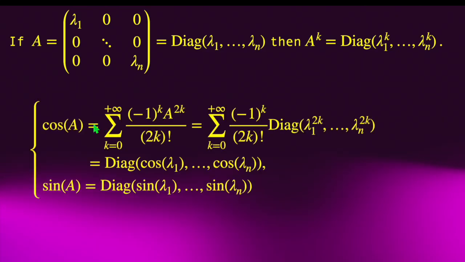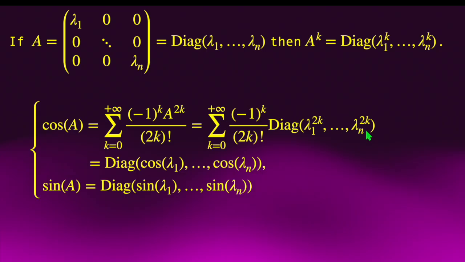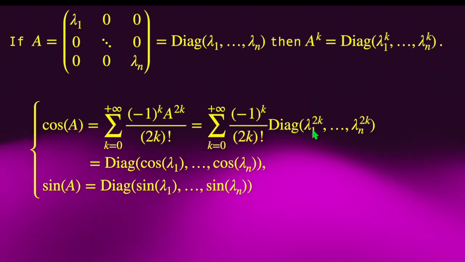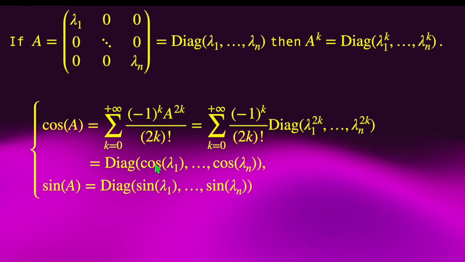If you compute the cosine A by using the formula, you get the diagonal of lambda 1 power k, up to lambda n power k, and taking the sum over all the terms, we get this formula.